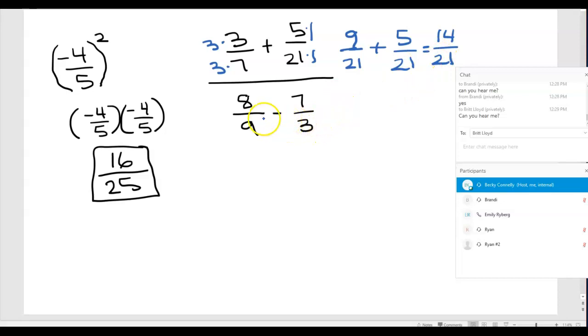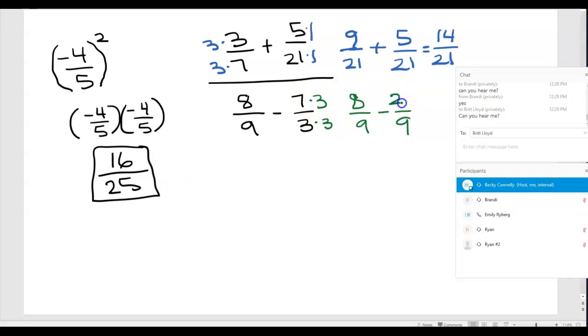Okay. And now we'll need to do the same thing for the bottom. So what would our common denominator be here? Yep. So if we rewrite this as blank over 9 minus blank over 9, 8/9 stays the same, but we need to multiply that 7/3 by 3 on top and bottom.